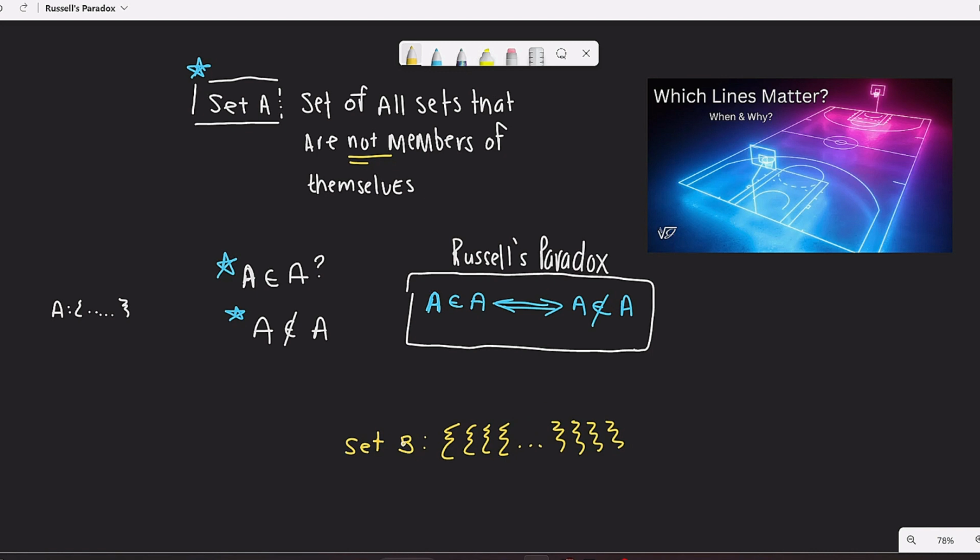And so this is set B. If we think about this set, is it a set that is not a member of itself? I would say no, actually it is a member of itself. Capital B is a member of set B. The only element is a door, and the door is inside the door, and so we could have B be an element of B.